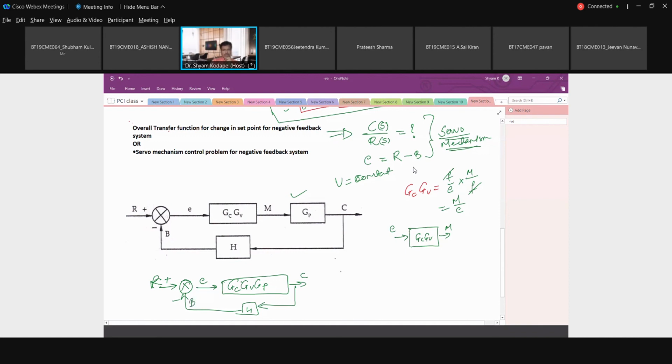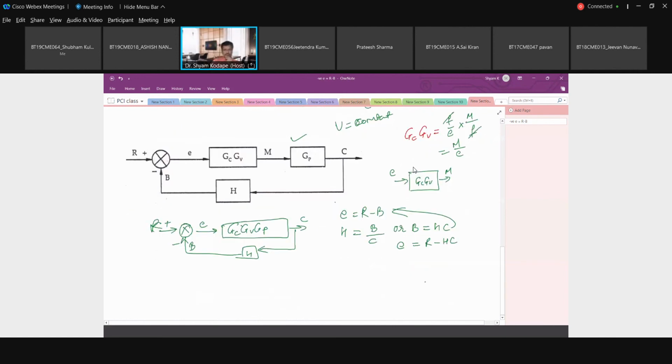Error is equal to R minus B. I will define H is equal to B by C, so B is equal to HC. I will substitute this into error. Error is equal to R minus HC.